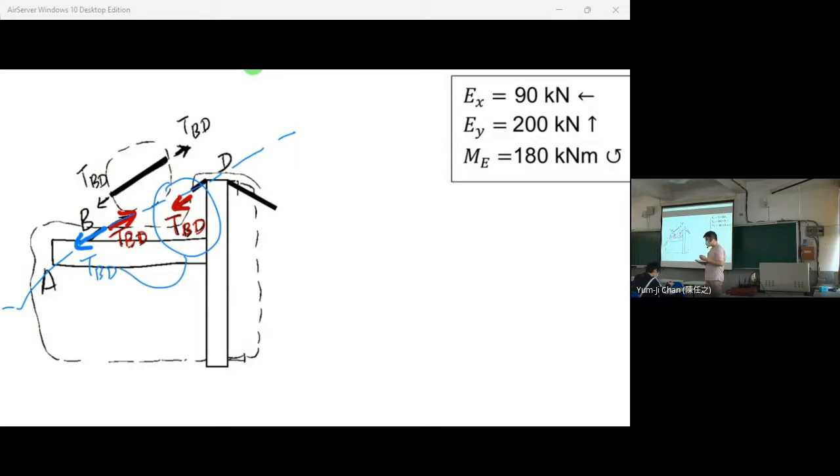The force can move to here because of the principle of transmissibility, which is on page 21.